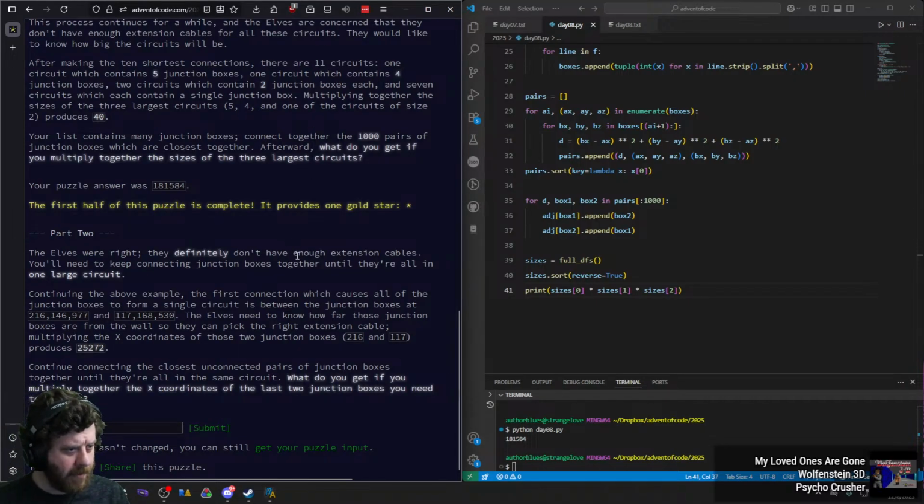The elves were right. They definitely don't have enough extension cables. You'll need to keep connecting junction boxes together until they're all in one large circuit. Continuing the above example, the first connection, which causes all the junction boxes to form a single circuit, is between the junction boxes at those two. Elves need to know how far those junction boxes are from the wall so they can pick the right extension cable. Multiplying the x coordinates of those two junction boxes.